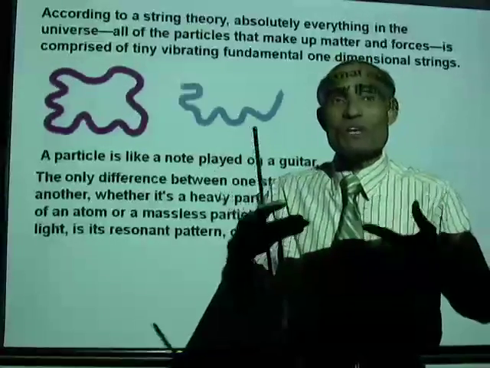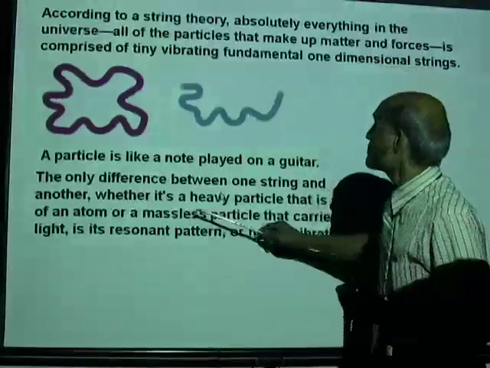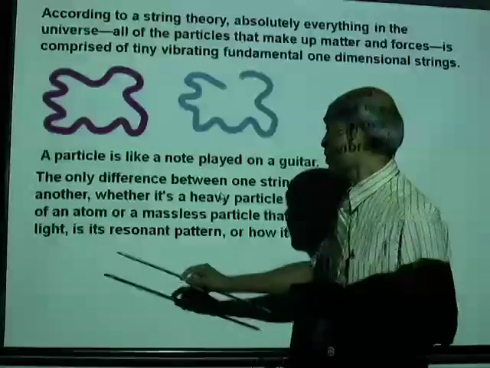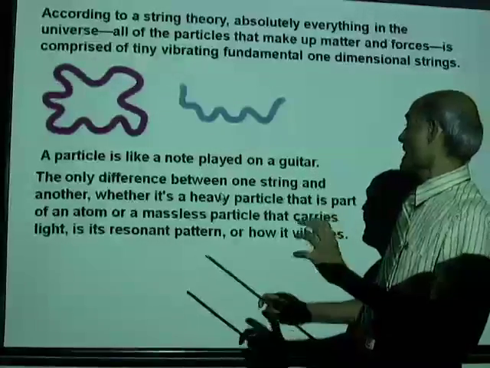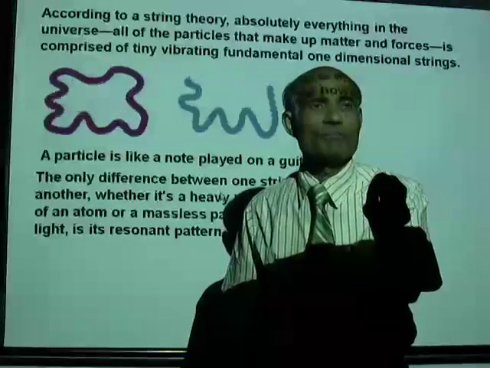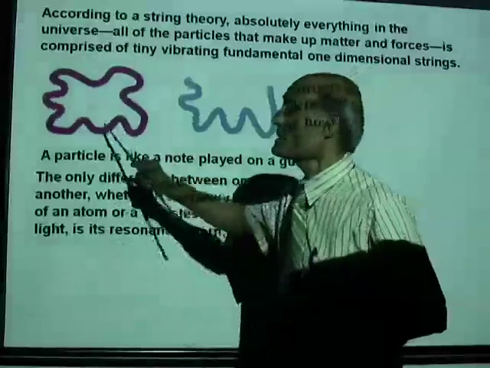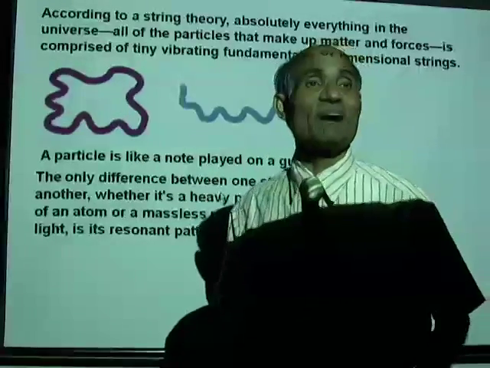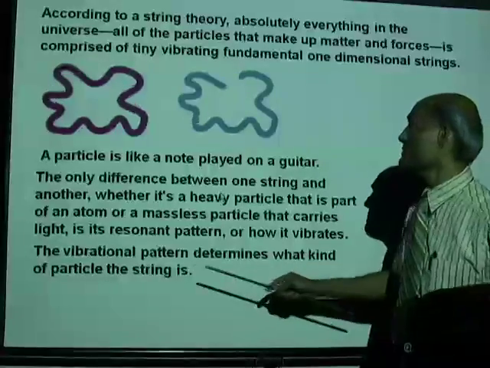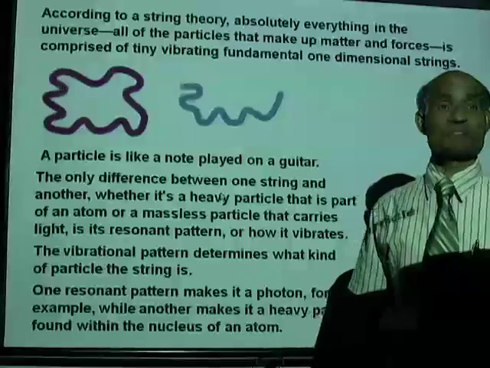So depending on the different resonant patterns, the string can represent either a heavy particle that is part of the atom, or a particle that is massless, like a neutrino, or a light particle, a photon. The vibrational pattern determines what kind of particle the string represents.